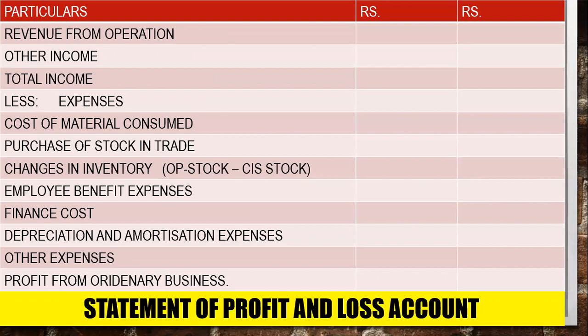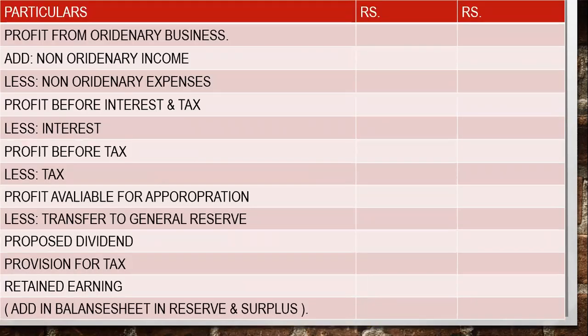But if you have 2 or more finance cost expenses, you can prepare notes to accounts. For other expenses, there are lots of them, so you can prepare notes to accounts. Non-ordinary income and non-ordinary expenses are mostly not there.